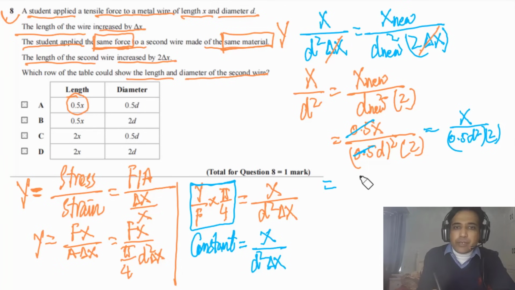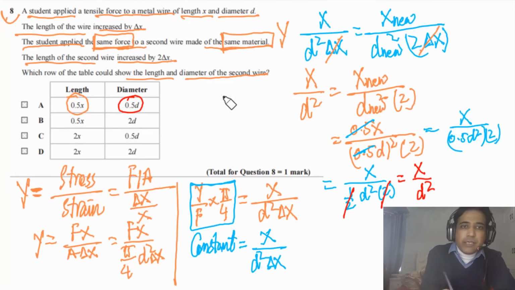So if I rewrite this one, it means this is x over 1 by 2 d square, and here you have 2. So now you can see this is cancelled with this. So what is on the right side? Also x by d square. So it means this set of values satisfies this equation.